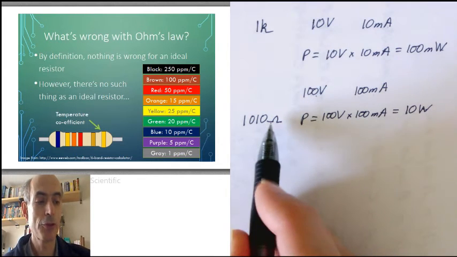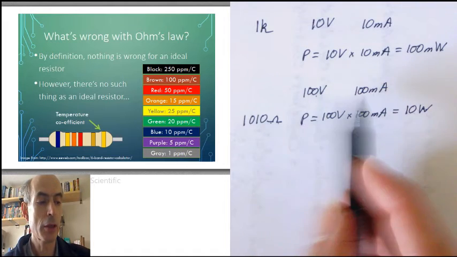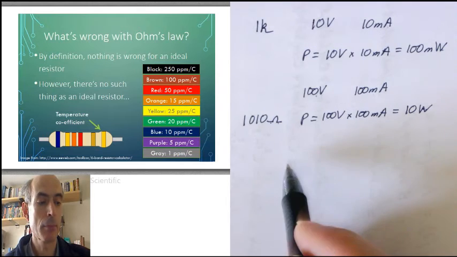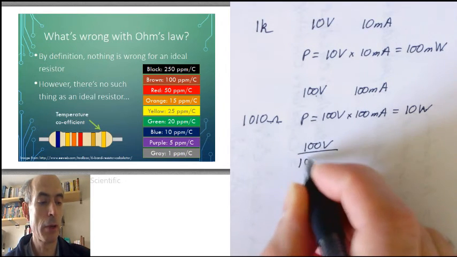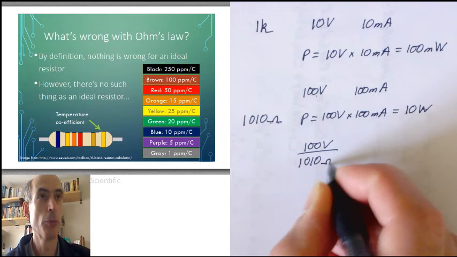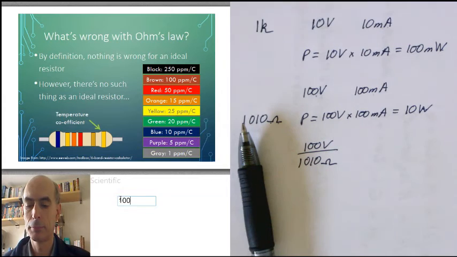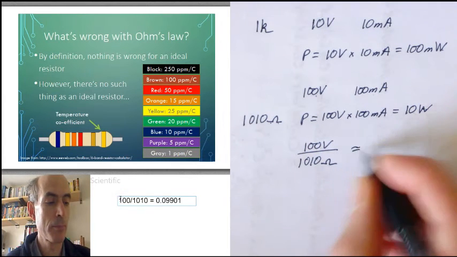If it's 1010 ohms, with 100 volts across it, then the current flowing through it is no longer 100 milliamps. It would actually be 100 volts divided by 1010 ohms, which is about 99 milliamps.